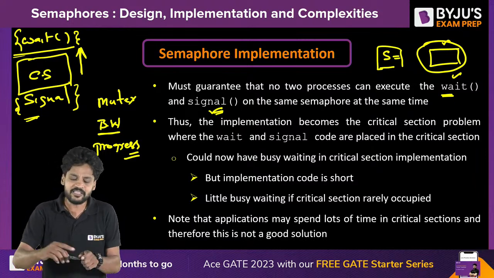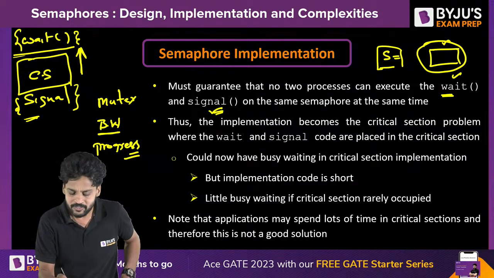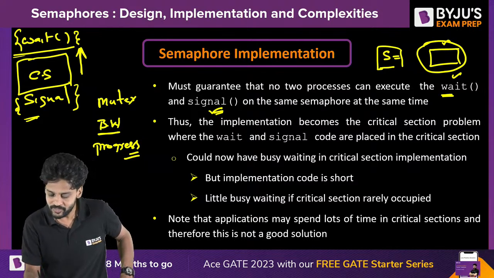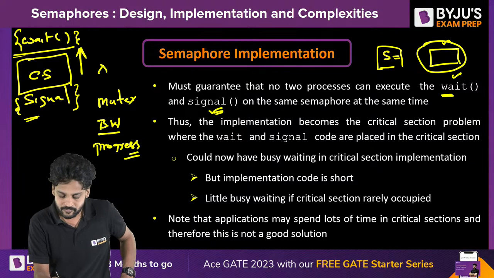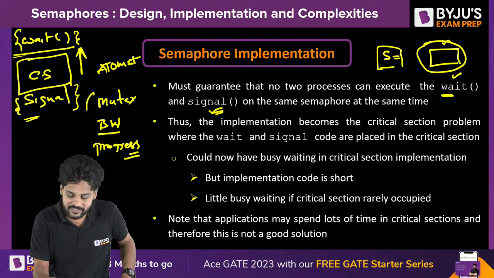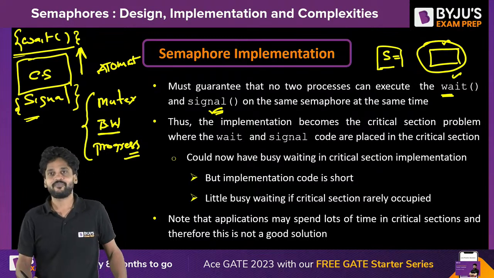So everything is satisfied by the semaphore. Wait and signal are being executed atomically, atomicity has been ensured, and all these criteria are also satisfied. So semaphore satisfies everything.